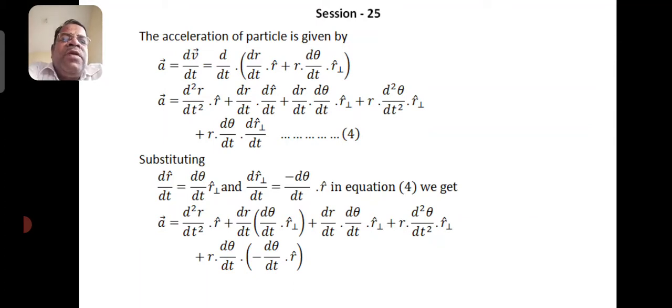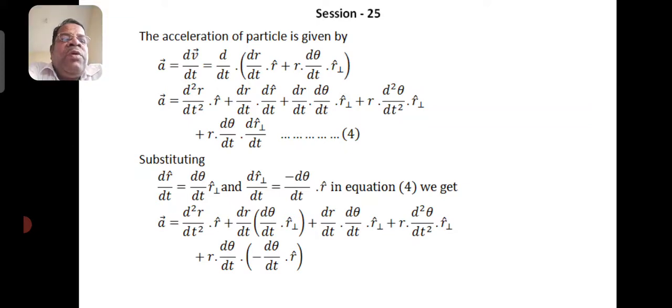You know already dr cap by dt equals d theta by dt r perpendicular cap and dr perpendicular cap by dt equals minus d theta by dt into r cap.